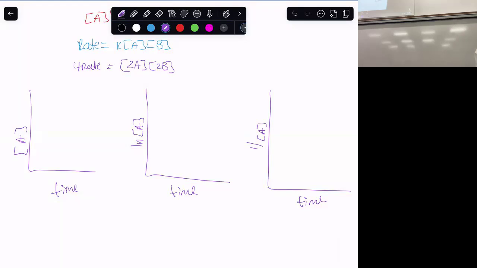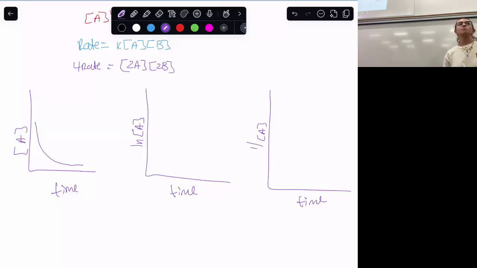In order to determine the order, it will depend on which one of these 3 graphs gives a straight line plot. We could see an exponential decrease for A versus time. Is that a straight line? No, right? So what is the order for that one?